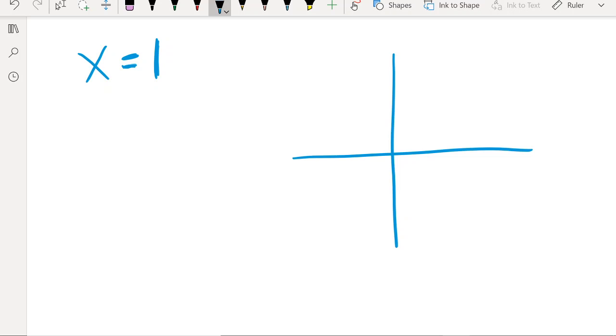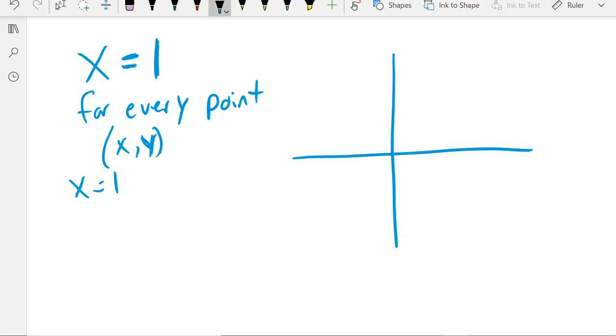But if x equals 1, then all I need to do is say that for every point x comma y, x equals 1. So it's going to be 1 comma something. Okay, so now all we need to do is come up with 2 points where I have 1 comma something. So here's 1 comma 1, let's say. Okay, that works.